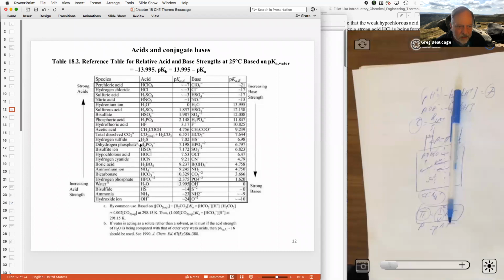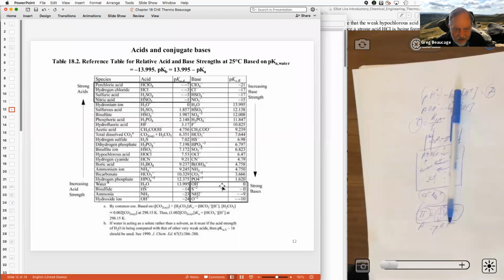Or if it's diprotic, it's the first reaction. So you go from hydrogen sulfide to this ion. Actually, the other one's here too: HS minus to S2 minus.